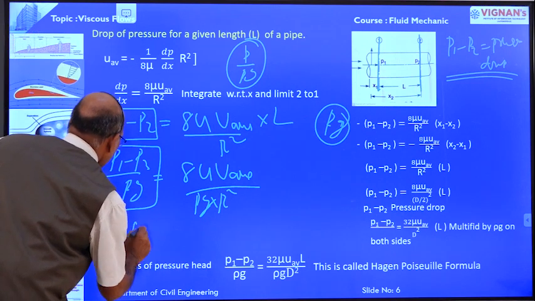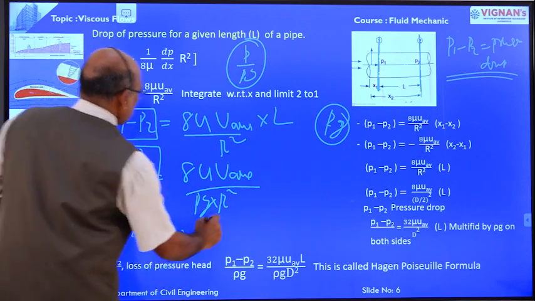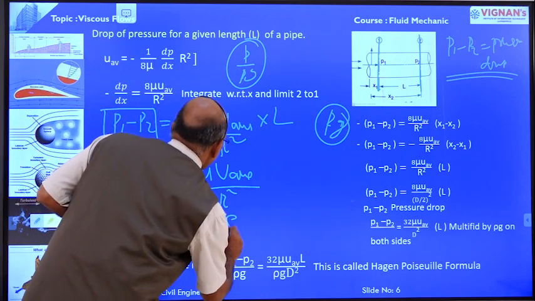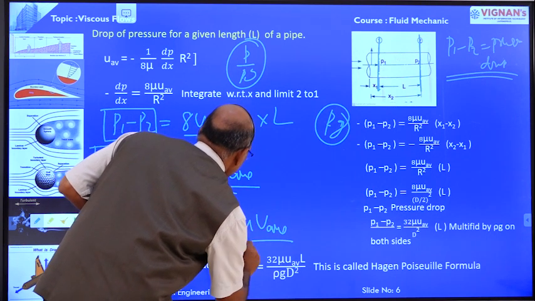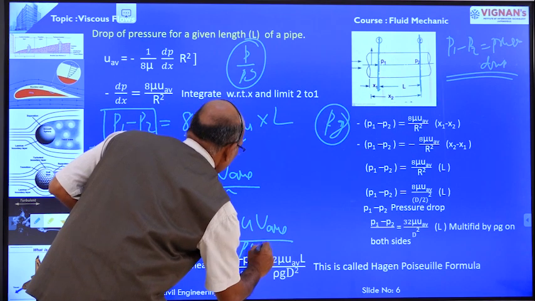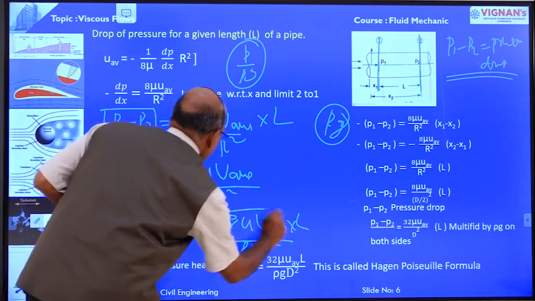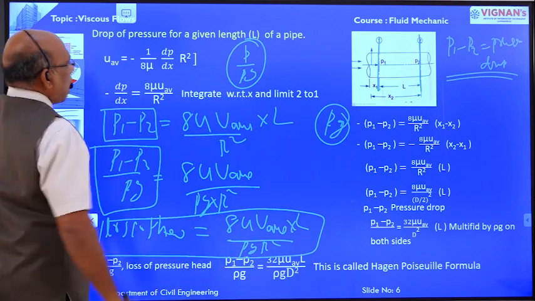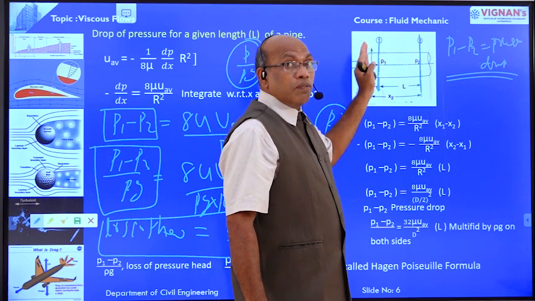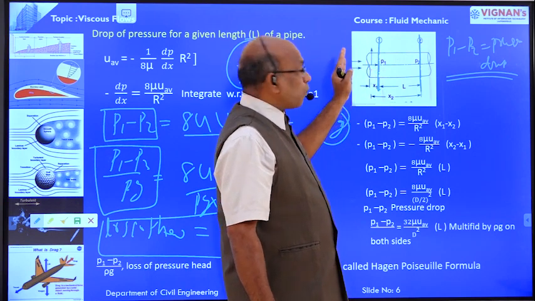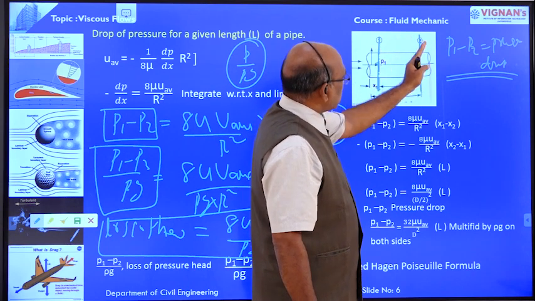Therefore, the loss of head is equal to 8 mu u average velocity divided by rho g into r square into L. This is the loss of head when the liquid is in viscous flow from section 1 to section 2.